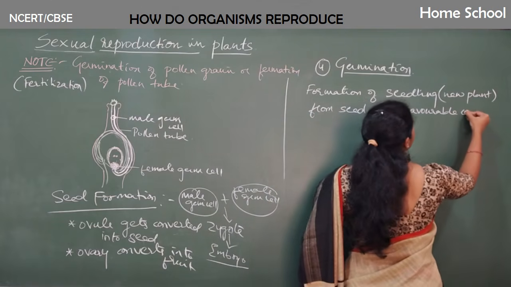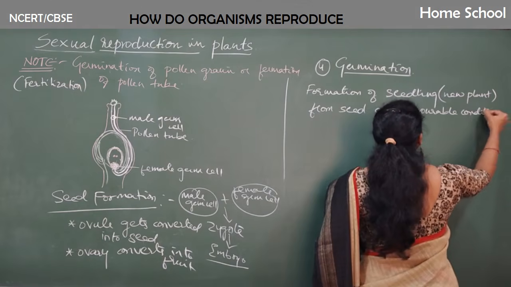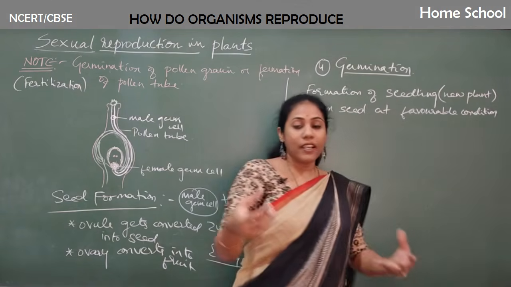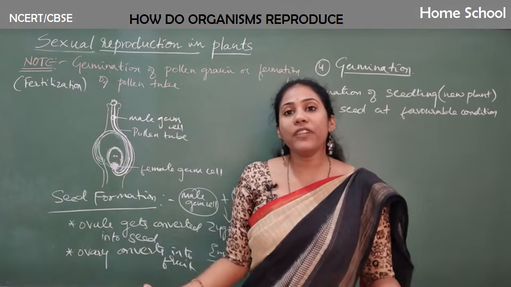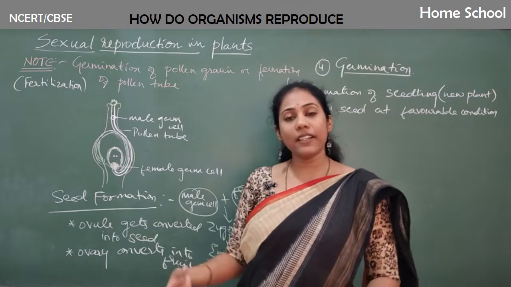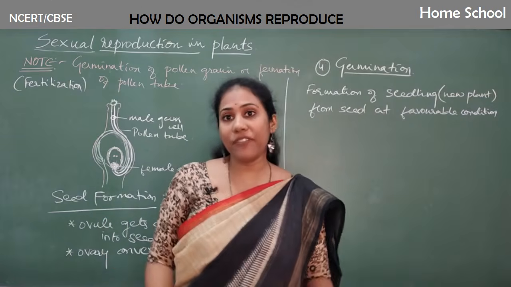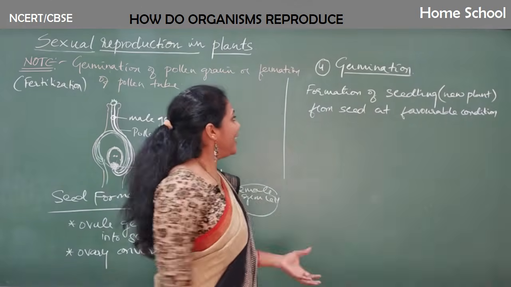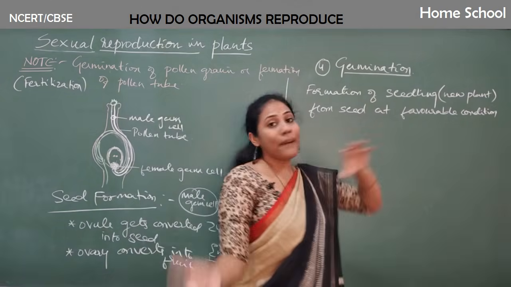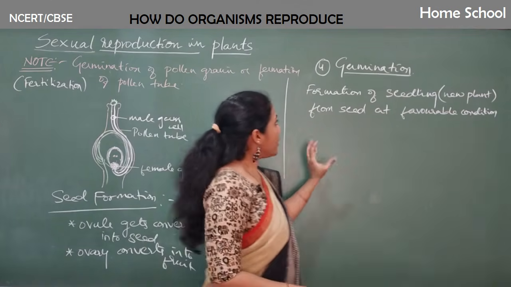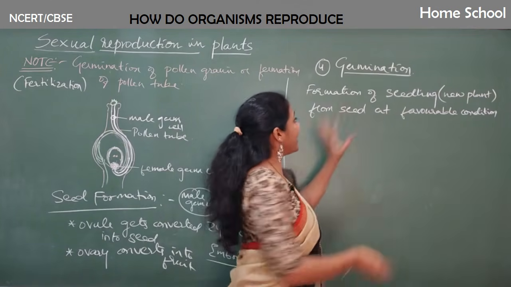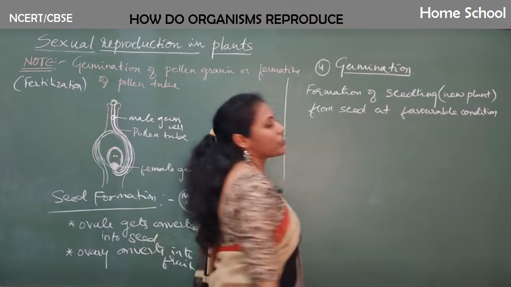Only when the conditions are favorable. Say you collect the seed, you keep it for drying and then you sow it in soil, you pour water, all conditions have to be favorable. Only then a new plant can come out from a seed. So such a process or step is called germination.